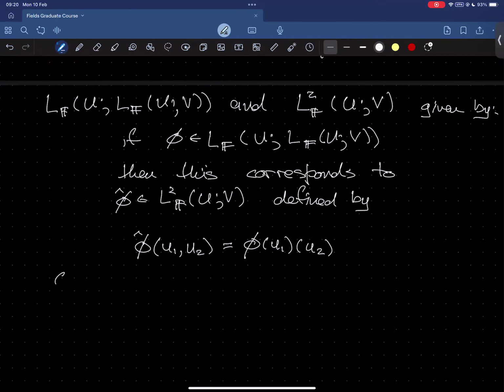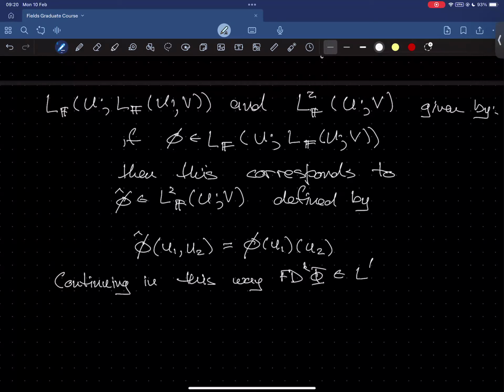And so let me just say, continuing in this way, F, D, K, phi is a multilinear mapping from K copies of U into V. And this is just like we saw for not FDK, but for DK previously.